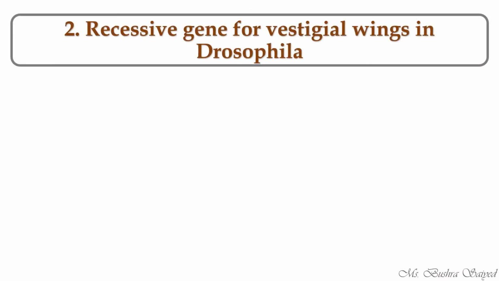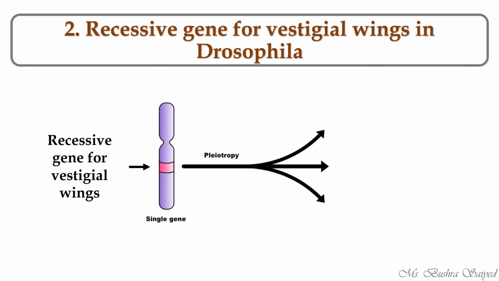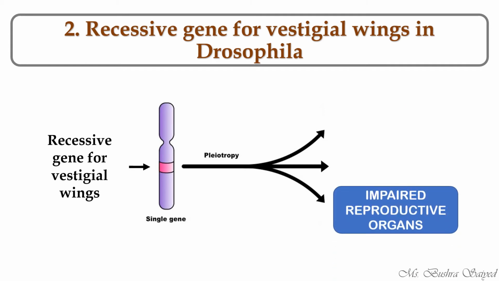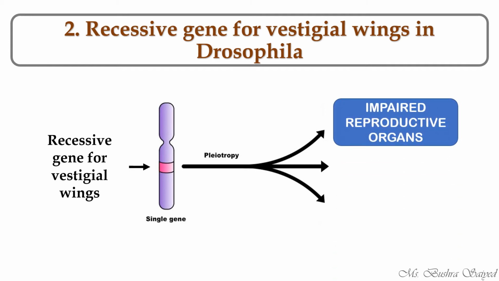Second example is the recessive gene for vestigial wings in Drosophila. We know the recessive genes are the ones we usually indicate with small letters. The recessive gene for vestigial wings means Drosophila have vestigial wings, which are basically not normally functioning wings.